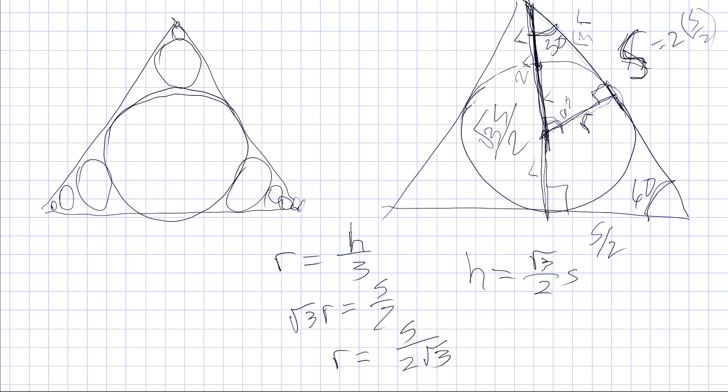And here we got the whole height being root 3 over 2 S. So if you look at it, you could see that 3 times R gives the height, since the square root of 3 divides into 3 and gives square root of 3 on the top. So a very important fact is that in this picture, the radius is 1 over 2 root 3.